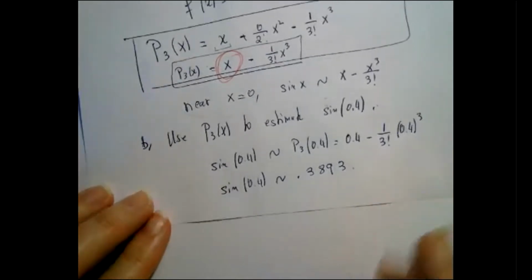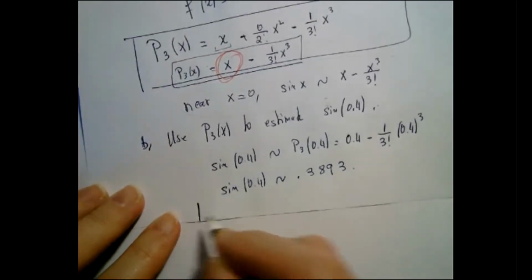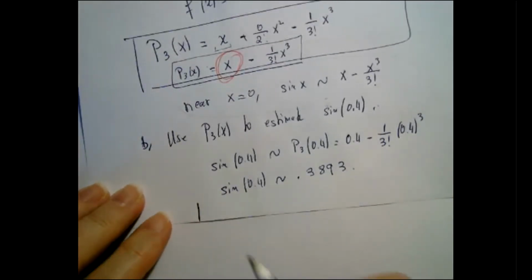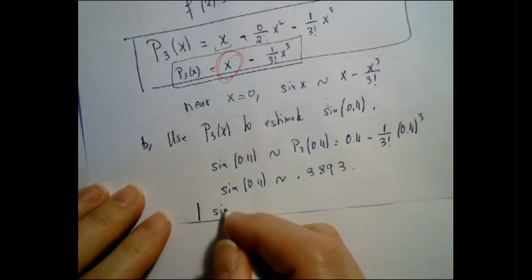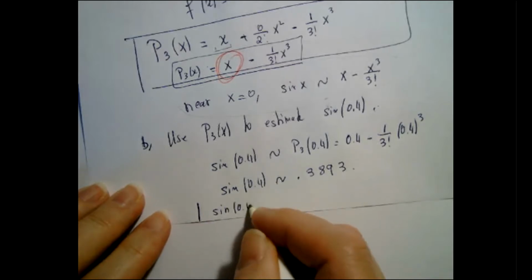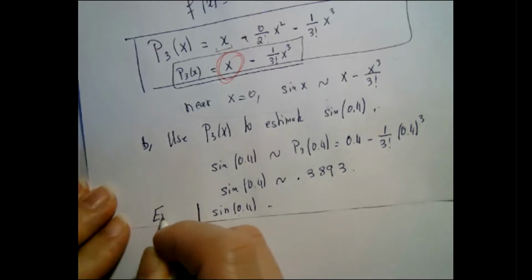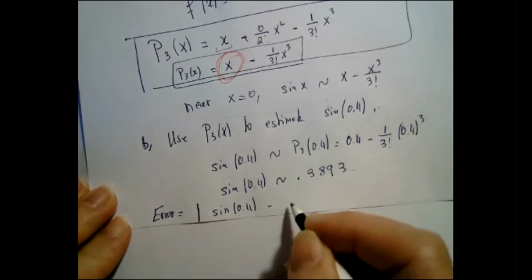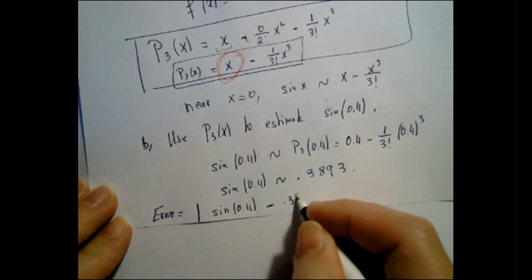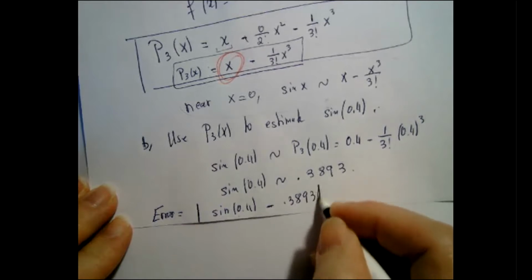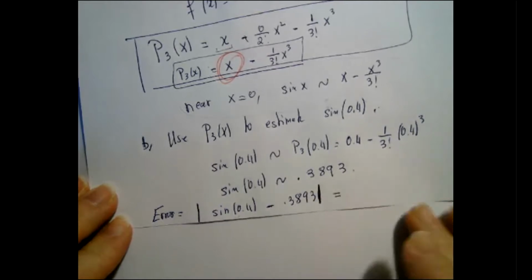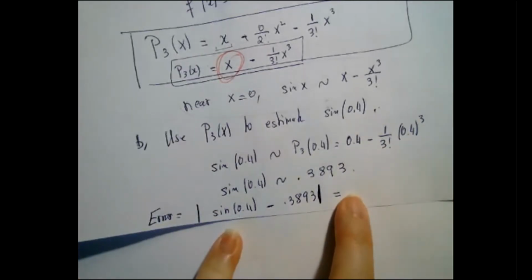So now let's see the absolute value of the error. Let's see how good our approximation is. If the answer is big, it means what I'm doing is nonsense. So now the error in the approximation means I take the actual value minus my approximate value, and I evaluate this just to have an idea how well I am doing.